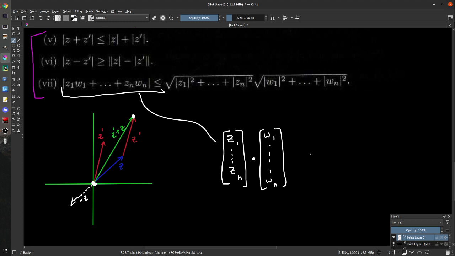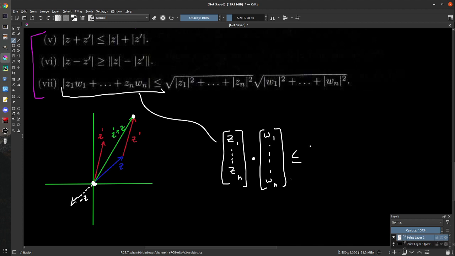Okay, dot product right there. And we're saying that that's less than or equal to, well, if you go through and you're squaring and adding all these things up, just the length of these vectors, the length of this guy and the length of that guy. I think you've also seen this in linear algebra or in Calc 3.